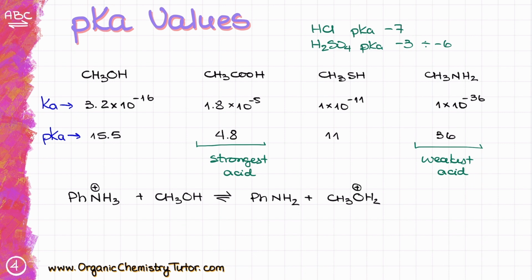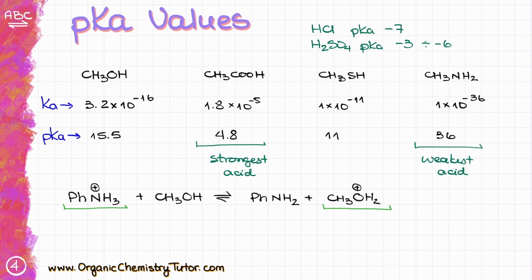So in order to estimate where the equilibrium lies in this case, whether the equilibrium favors my starting material or my products, I would need to know the pKa values for my acid on the left side and my conjugate acid on the right side. The acid on the left side is going to be this protonated aniline, and the acid on my right side is going to be protonated alcohol.